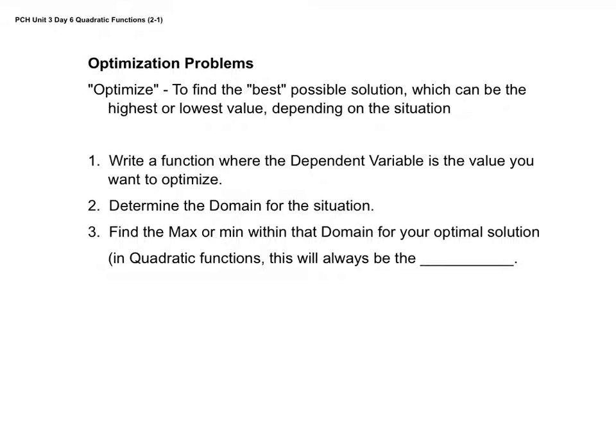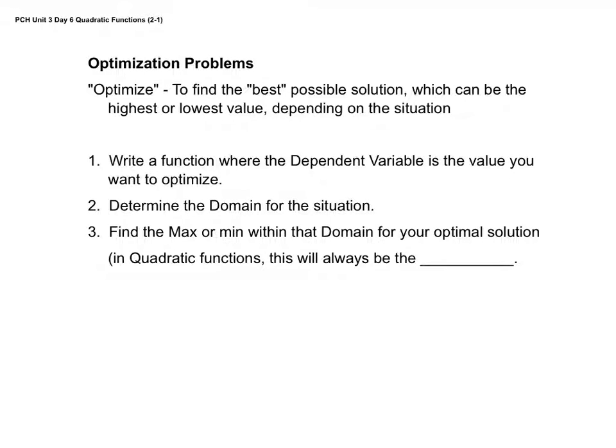Now, best is kind of dependent on what your situation is, alright? If I'm playing golf, the best score is going to be the lowest one. However, if I'm playing football, the best score is going to be the highest one. So you have to think about the situation that you're in, okay? Either way, though, you're going to be finding max and min points, okay?